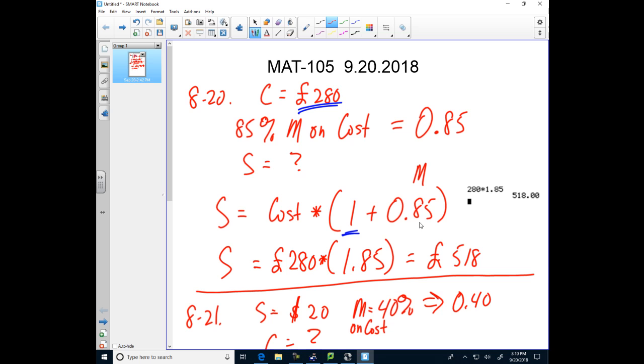Now, I'm using this when we're working problems here on markup. This same concept goes for a lot of things. You write down what you're given, write down what you're looking for, and then go look for a formula.